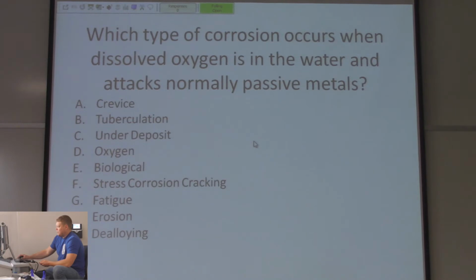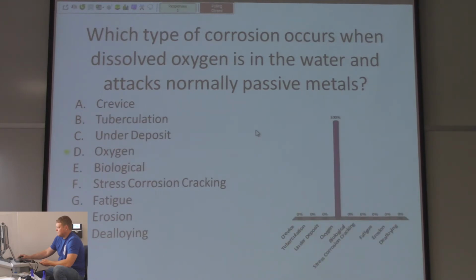Which type of corrosion occurs when dissolved oxygen is in the water and attacks normally passive metals? Oxygen corrosion, also in the name, right?